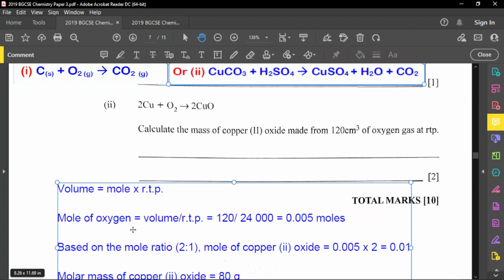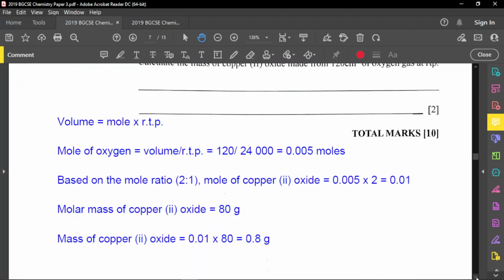So the mole of oxygen equals the volume of oxygen divided by RTP, making mole the subject of the formula. We have the volume given as 120, divided by the volume of 1 mole of gas at RTP, which is 24,000. That was given on the first cover page. And so that equals 0.005 moles.